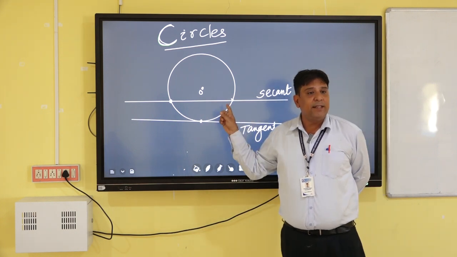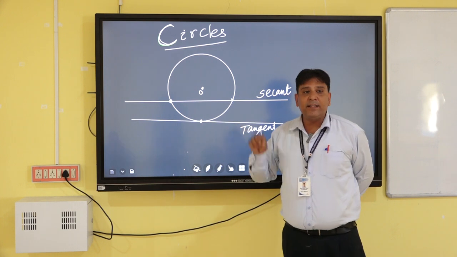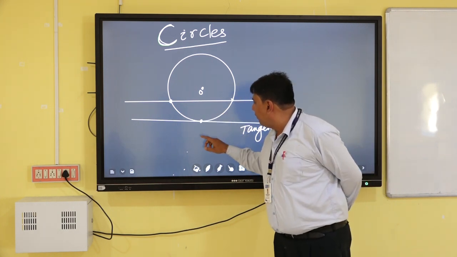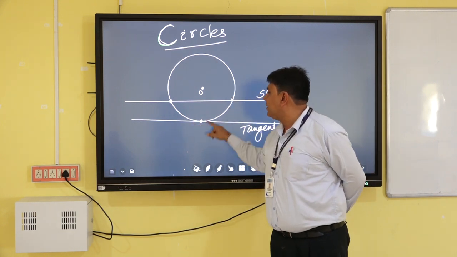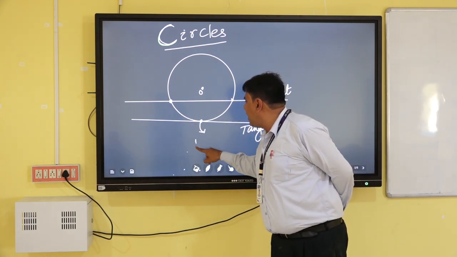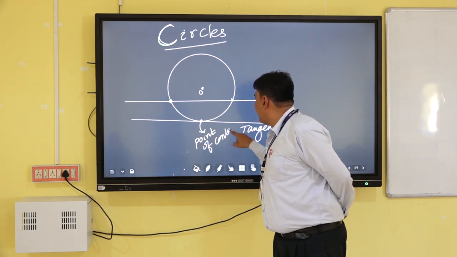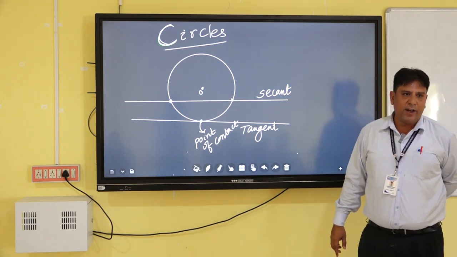The line which intersects the circle at 2 points. And what is a tangent? It intersects the circle at only 1 point. This is the only point of contact of the tangent. The point where the tangent intersects the circle is called the point of contact.